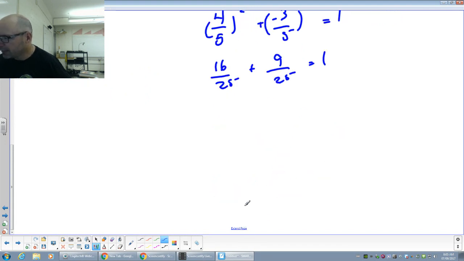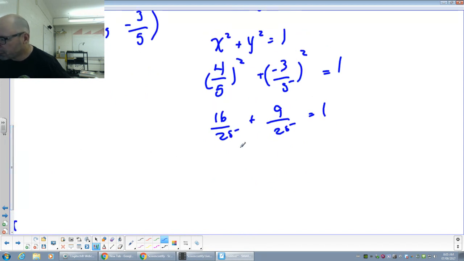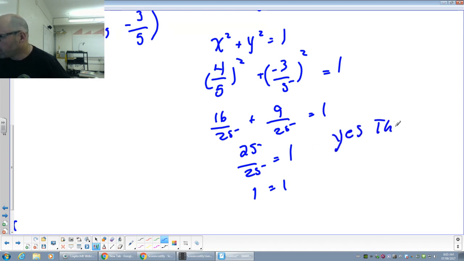Then we add 16 and 9, which is 25. 25/25 equals 1. So yes, this is on the unit circle.